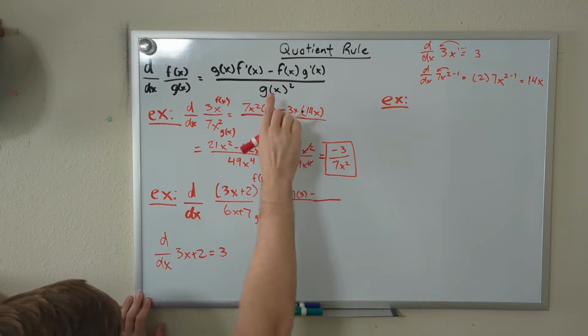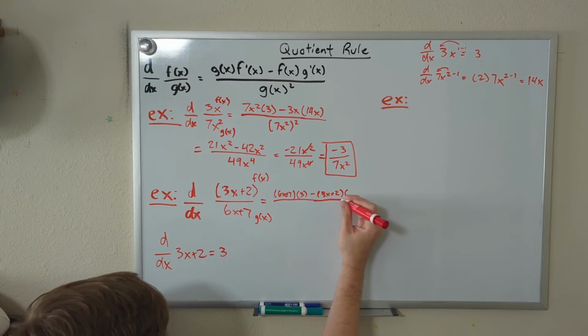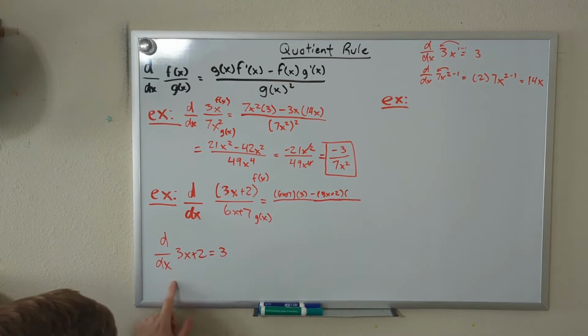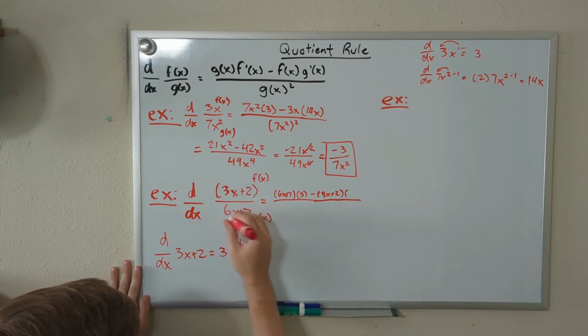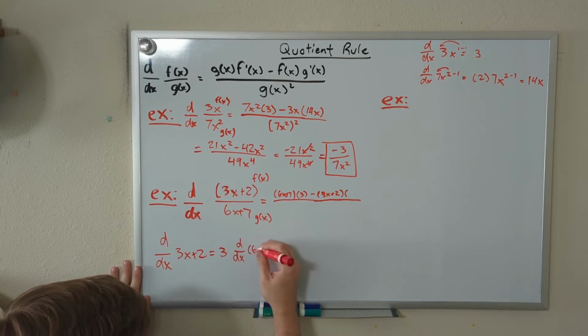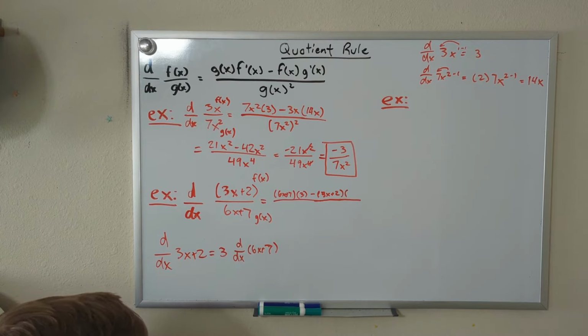Now we need to subtract f of x, which is 3x plus 2, being multiplied by g prime of x. And we'll do that down here as well. The derivative of 6x plus 7, our denominator, can be solved the same way as this one. We can split these two by the addition sign, then find these derivatives individually and combine them to get the new derivative.